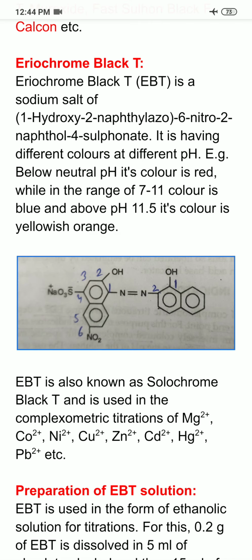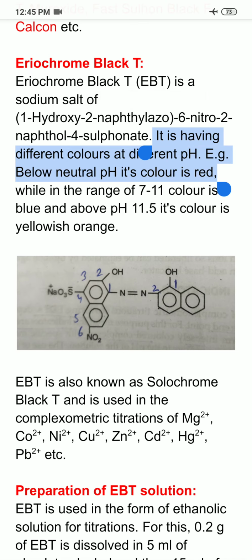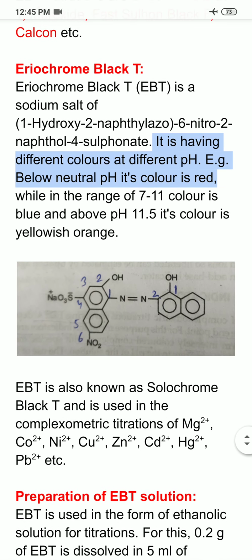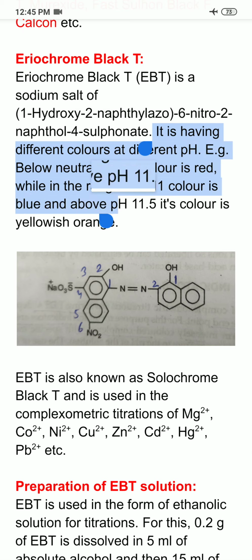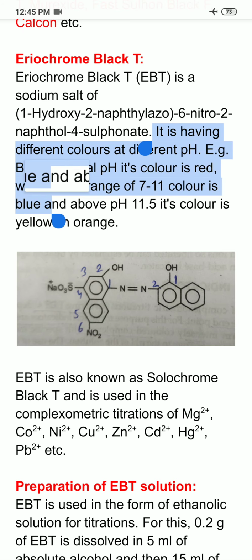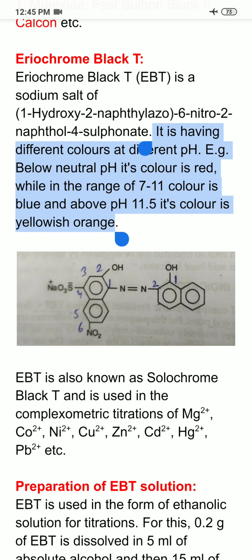Now this indicator EBT has different colors at different pH. For example, below neutral pH its color is red, while in the range of pH 7 to 11 its color is blue, and above pH 11.5 its color is yellowish orange.